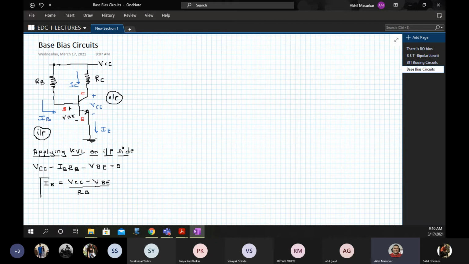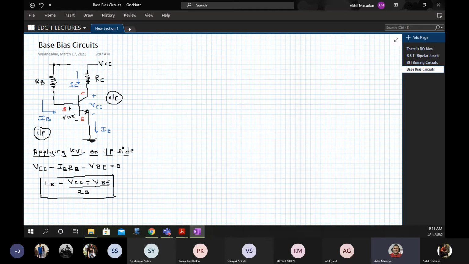So here again the same logic: voltage drops in the direction of current are negative, voltage drops in the direction opposite to that of the current are positive, but we will never go in the direction opposite in 99% of the cases. So always voltage drops in the direction of current are negative.